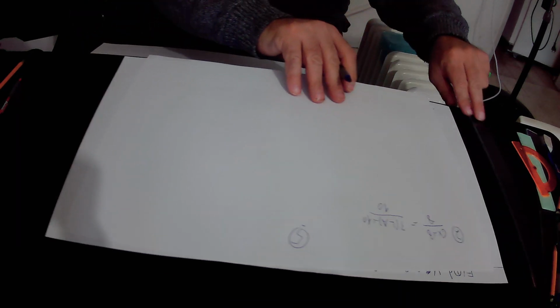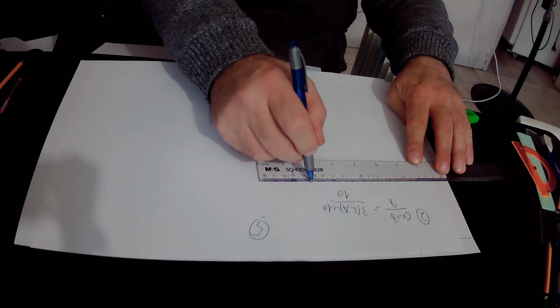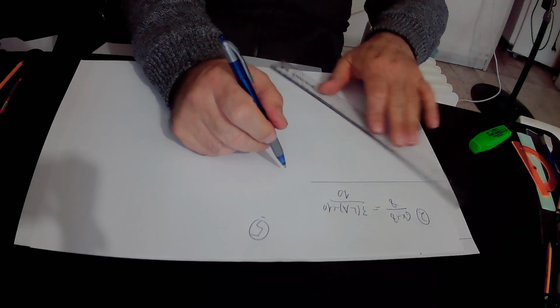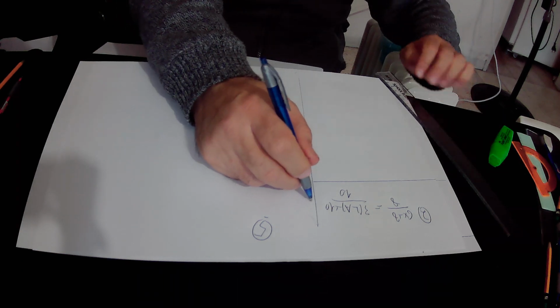In conclusion, according to equation 2, 6x plus 8 over 8 equals 3LA plus 10 over 10. Here we cross multiply equation 2.